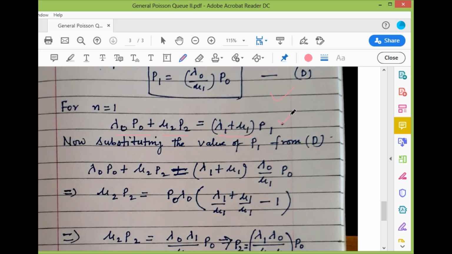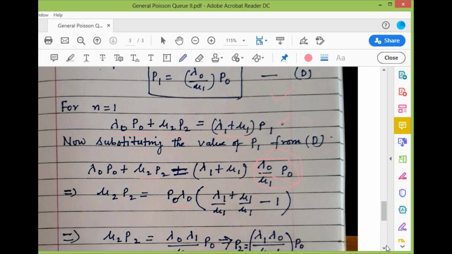We have the value of P1 here. Substitute P1 from here. So mu2 P2 is here, and this goes to the right hand side. We take lambda naught P naught as common, so this will be minus 1 because of this, and mu1 divides lambda1 and mu1.